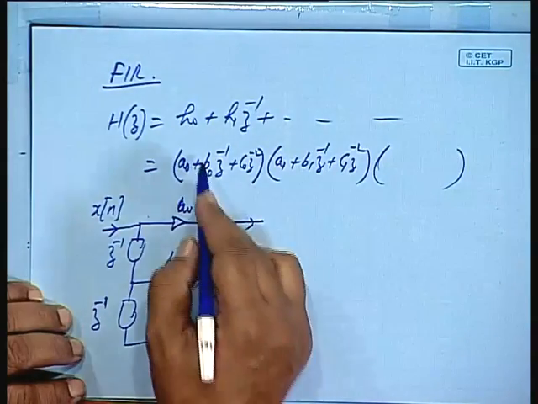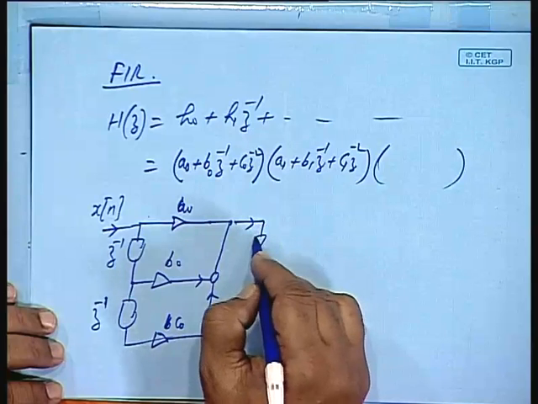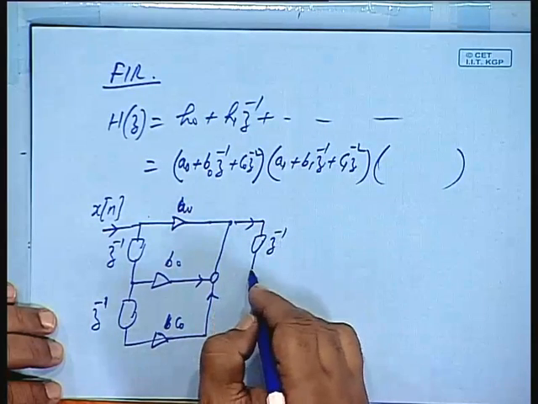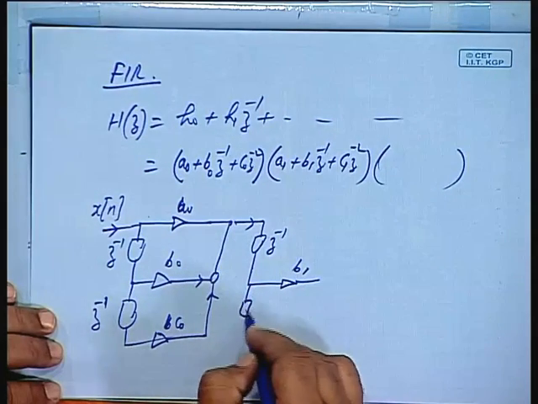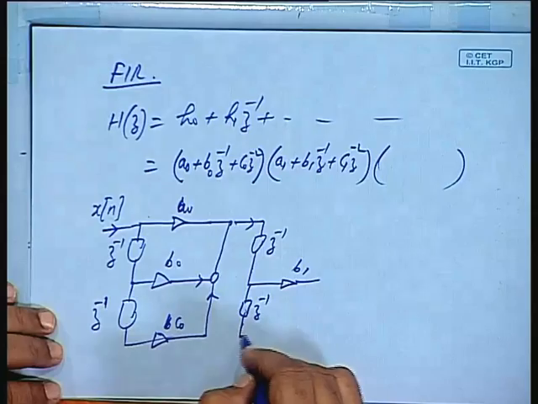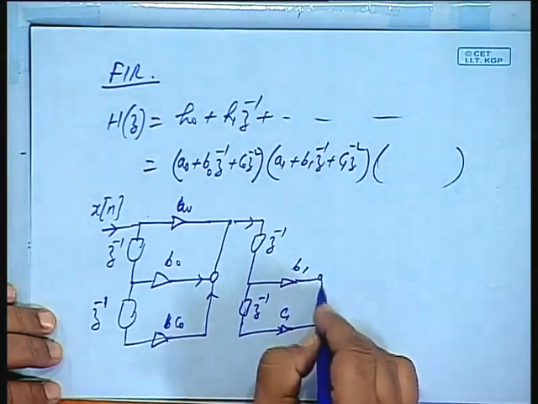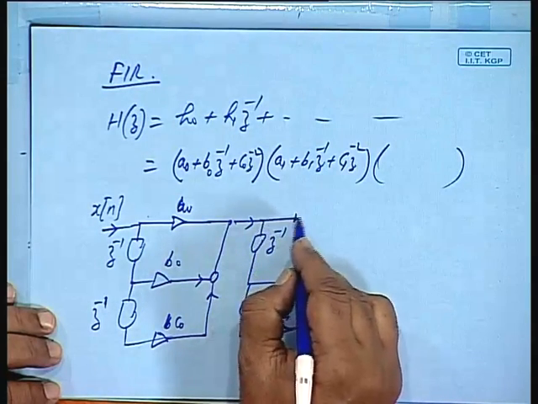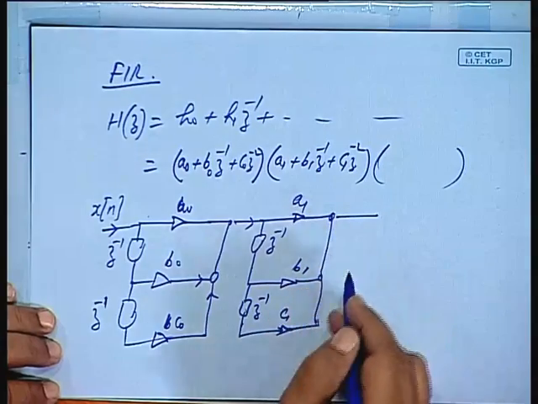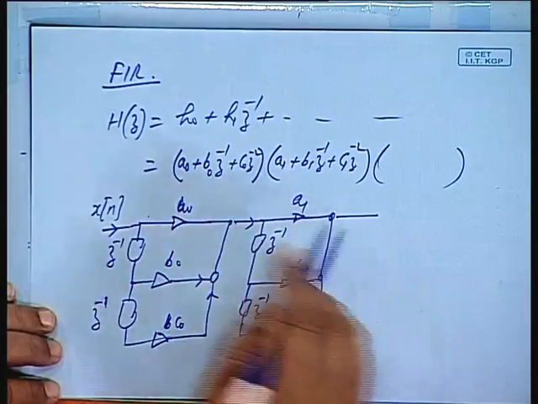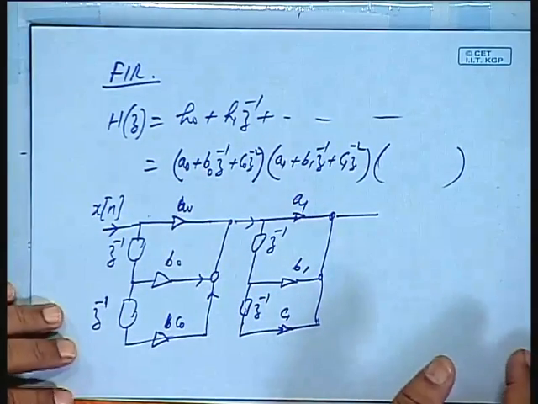So, this gives me the output coming out of the first block. Again you have z inverse, b1, z inverse, c1, this is a1, and so on. So, for each quadratic we have such blocks, all right.